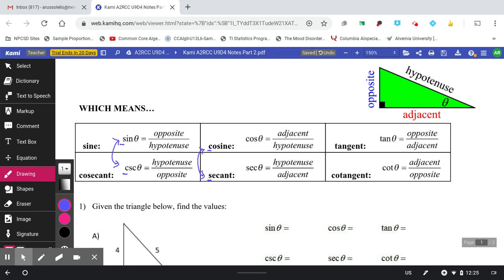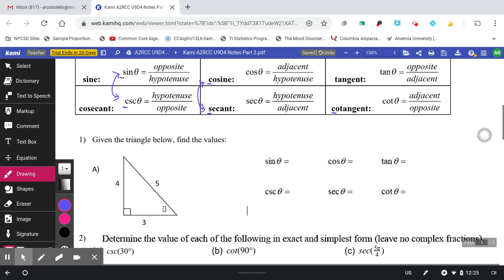That'll just help you remember that the cosecant is the reciprocal of sine. The secant is the reciprocal of cosine. You won't see the same letter starting with the reciprocals. Okay, and then tangent and cotangent, those are easy to remember because you have that co. So they're co-functions as well as reciprocal functions.